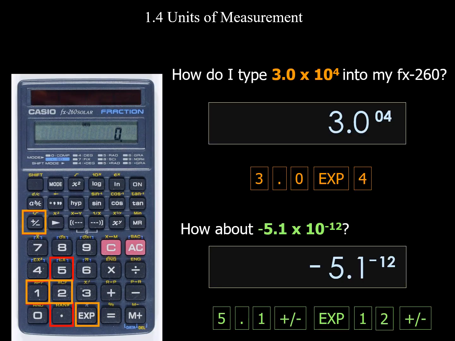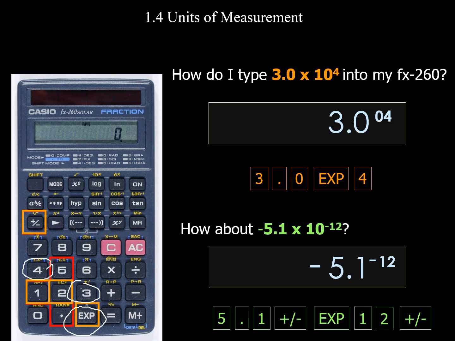On the next slide, this is an example type of calculator. You should be able to write these numbers on your calculator. 3 times 10 to the 4: looking at the calculator, we would write 3, followed by the exponent key, and then you would write 4.